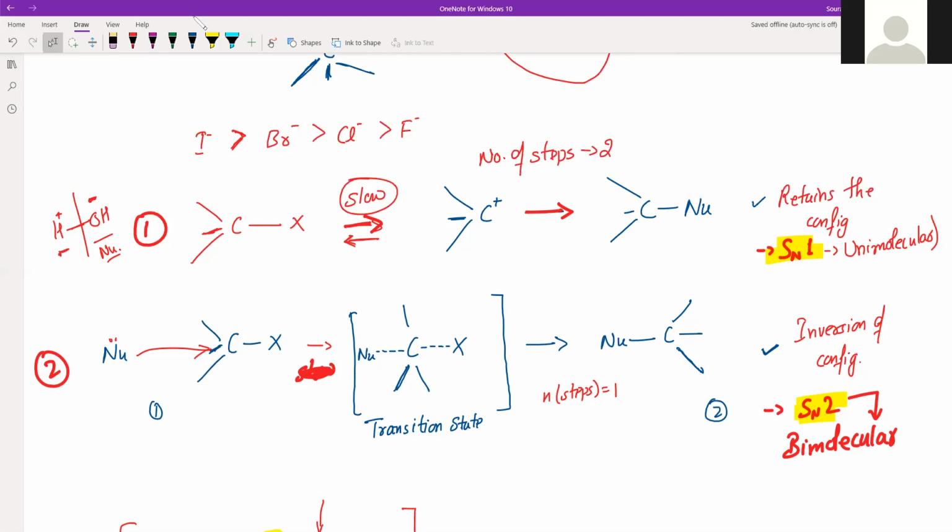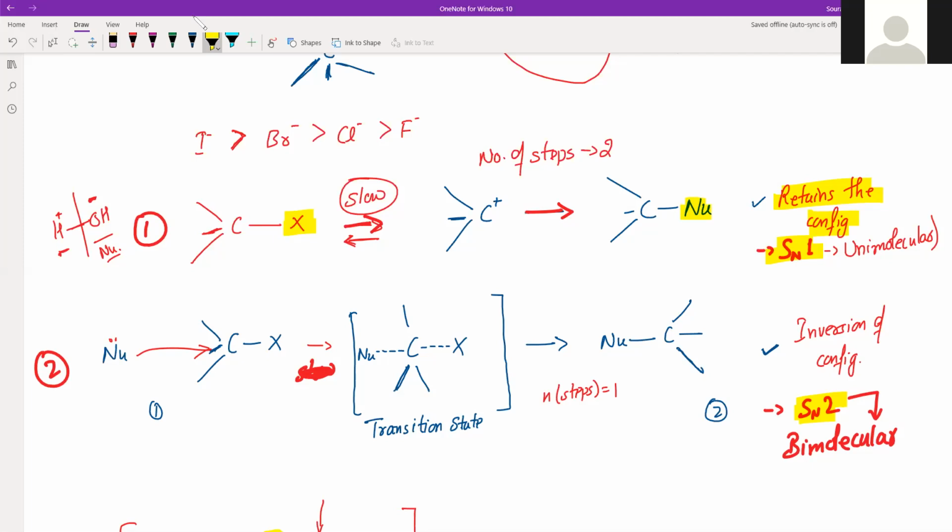If you see this from the side, the nucleophile attacks from the side where the halogen was already there. So in the final product, there is no change in orientation as well. So we say that this retained its configuration.